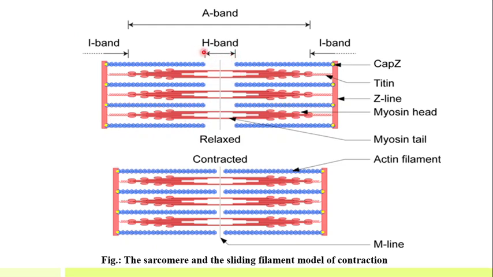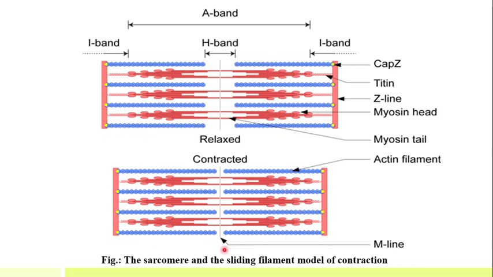The H band is the area where the thick filaments myosin will be seen, and the A band is the area where the thin filament actin are present. Okay, now myosin heads and Z line, then titin molecules. Okay, how it works we will see now. Myosin tail is the middle portion of the H band, and this is the actin filament.